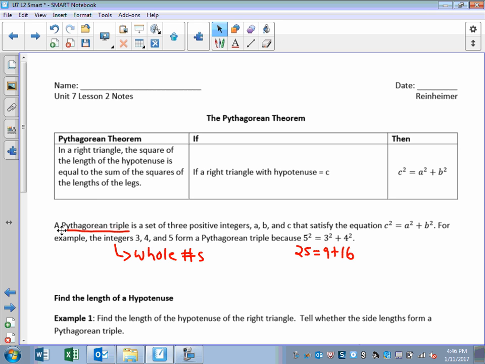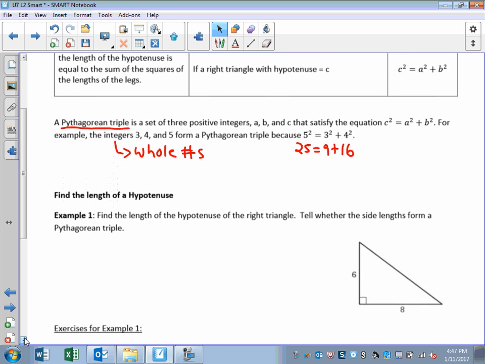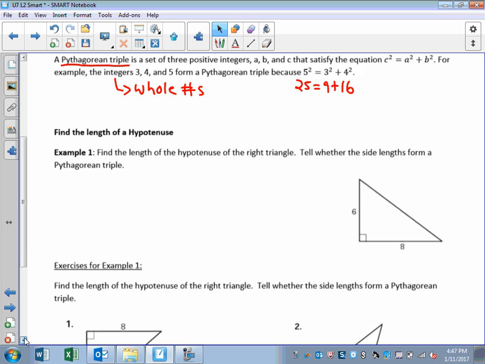Now we're going to talk a little bit about finding the length of the hypotenuse in a right triangle. It's going to be a review for you guys. So I'm going to scroll down. So they are giving us two sides of a triangle, and they are telling us that we're finding the hypotenuse. Okay?